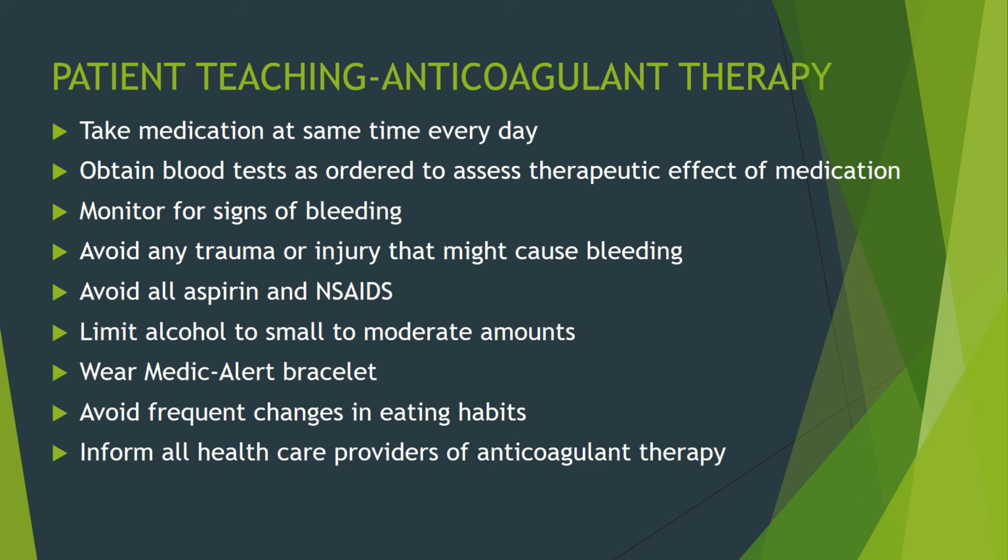And make sure that all their healthcare providers, including the dentist, know that they're on anticoagulants, or he might be a little surprised at how much bleeding they have when they're just doing a dental checkup.